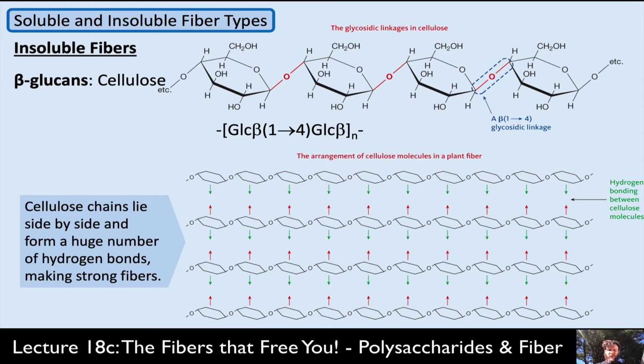Wood fiber is just these cellulose chains that are lying side by side and form this really dense network of hydrogen bonds, making the fibers extremely strong. This is why wood fiber is so intense, because it's like the perfect molecular Lego set that all snaps together.